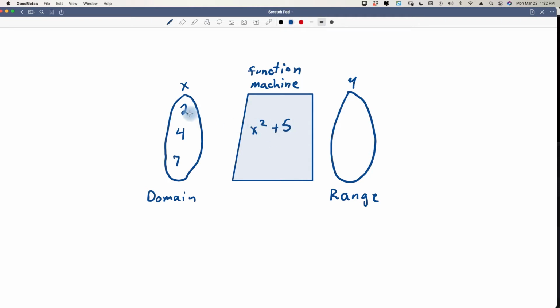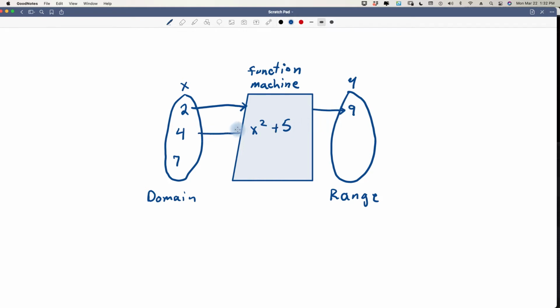Now we're going to plug these x values into our function machine, and we're going to get a result, which in this case with a function machine, your resulting y value is called the image of the x value. So the image of 2: 2 squared is 4, plus 5. The image of 2 is going to be 9.